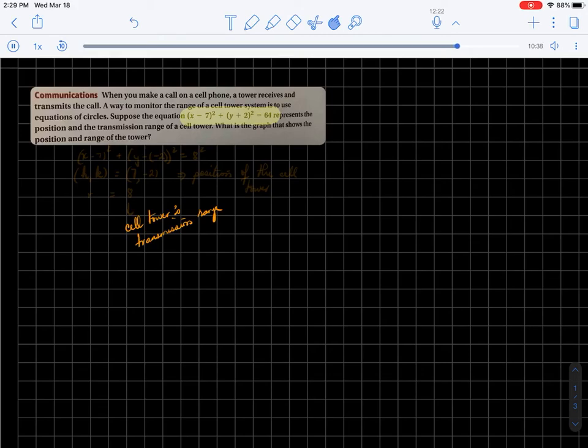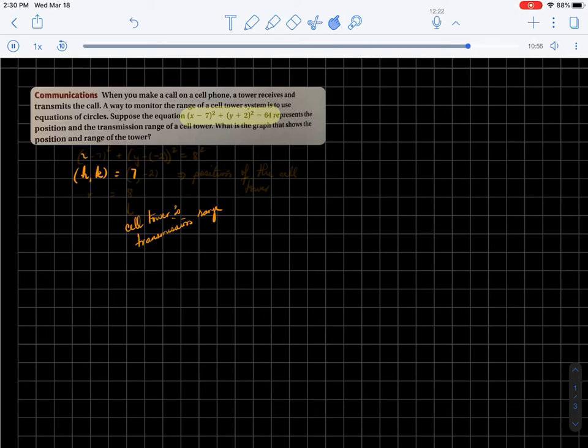If I were to graph this, they did not ask me to graph this. I know the h and the k in this case are 7 and negative 2.